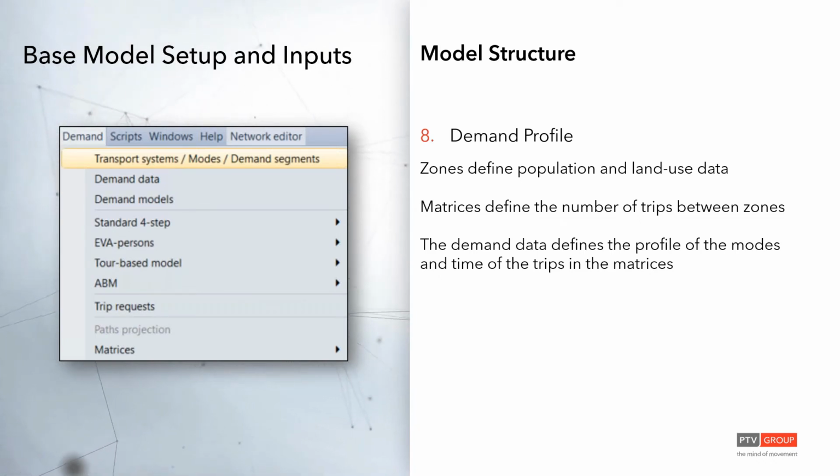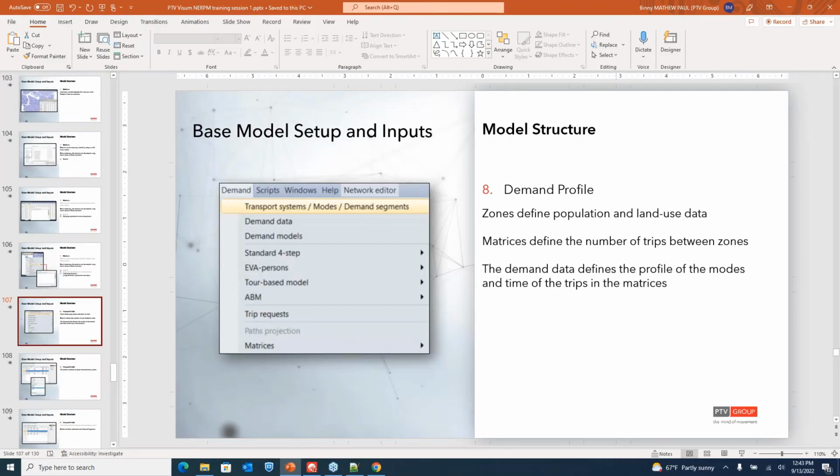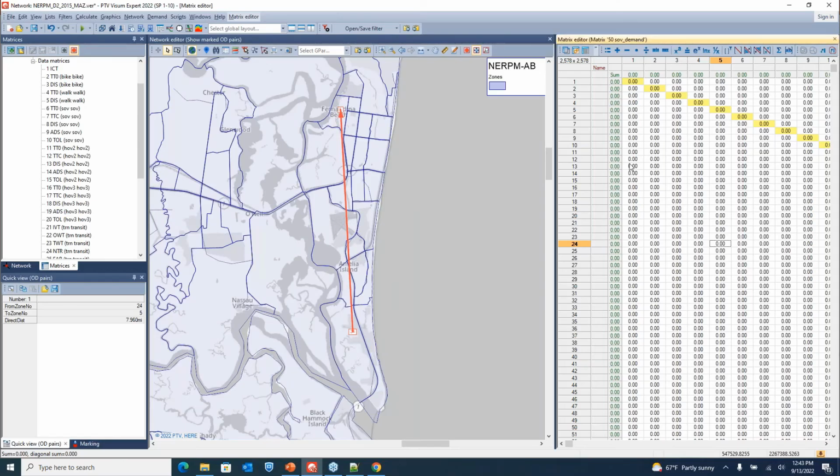So it defines the demand data, and then matrices define the number of trips between zones, and then the demand profile defines which modes those trips would use to be assigned onto the network.